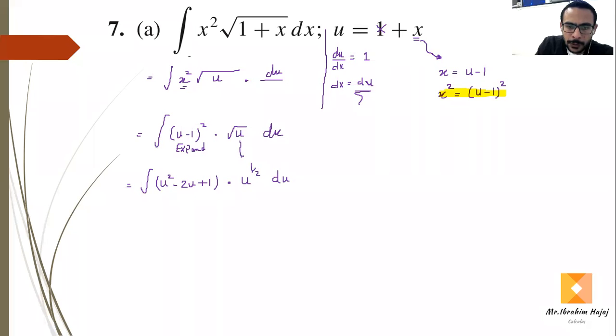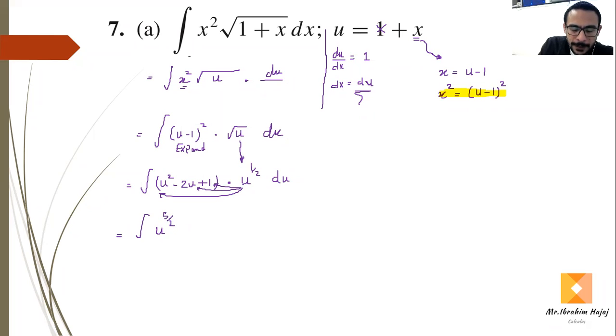Radical u, square root of u, is u to the power of half. Multiply u power half by the first term, the second, and the third. U power half times u squared equals u power what? 5 over 2.